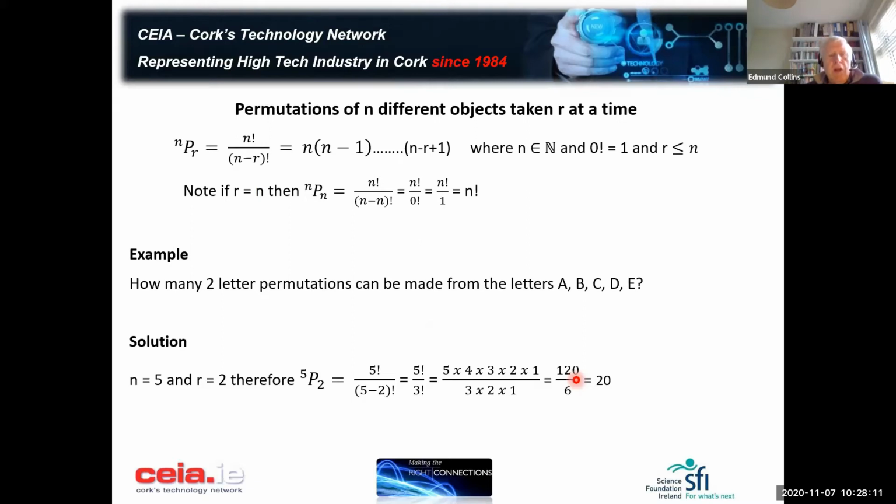So the terminology here, we're using n if we have n different objects and they're taken r at a time. Sometimes you see n used for number of objects and then k for the number selected.